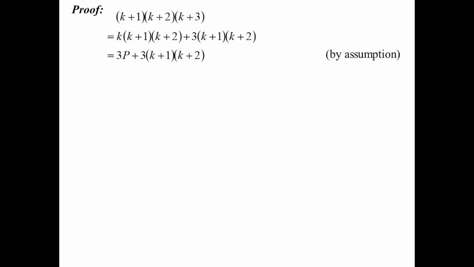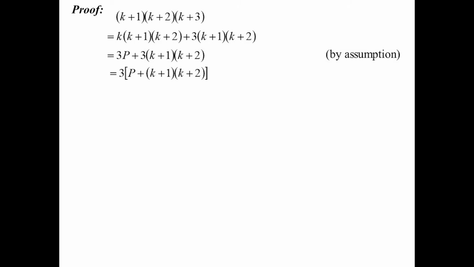So if I expand that out, I'm going to get k lots of k plus 1, k plus 2, plus 3 lots of k plus 1, k plus 2. But there's my assumption, k, k plus 1, k plus 2. So I can say, well, hang on, that's 3p. That was my assumption. And look, we've now got a common factor of 3. So that's 3 outside of p plus k plus 1, k plus 2.